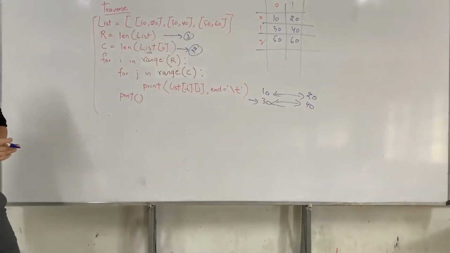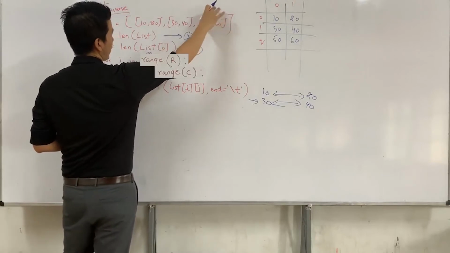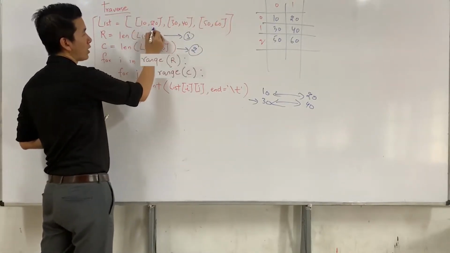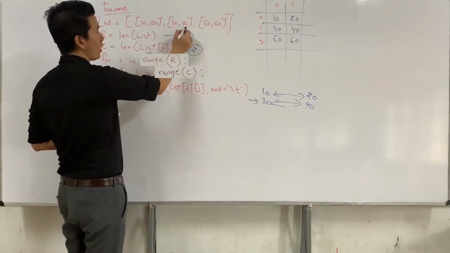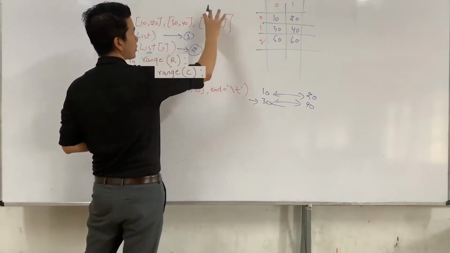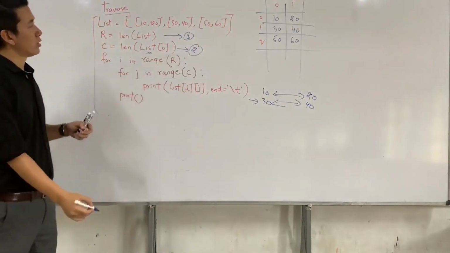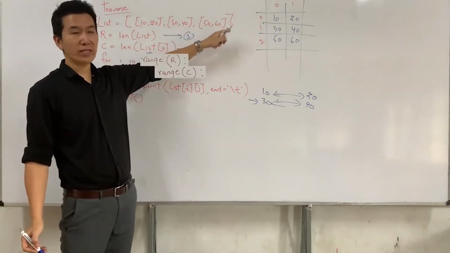Okay? So this is 0, this is 1, and this is 2. This is 0 of 0, this is 0 of 1. This is 1 of 0, this is 1 of 1. This is 2 of 0, and 2 of 1.